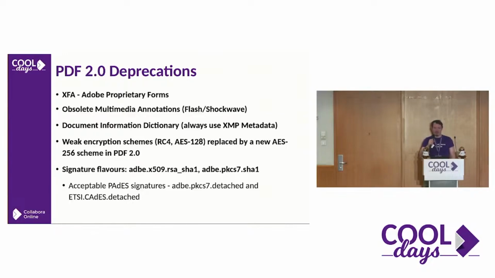So they said, okay, these two are duplicated, and we will just keep the XMP metadata, and the document information dictionary should not be written anymore.